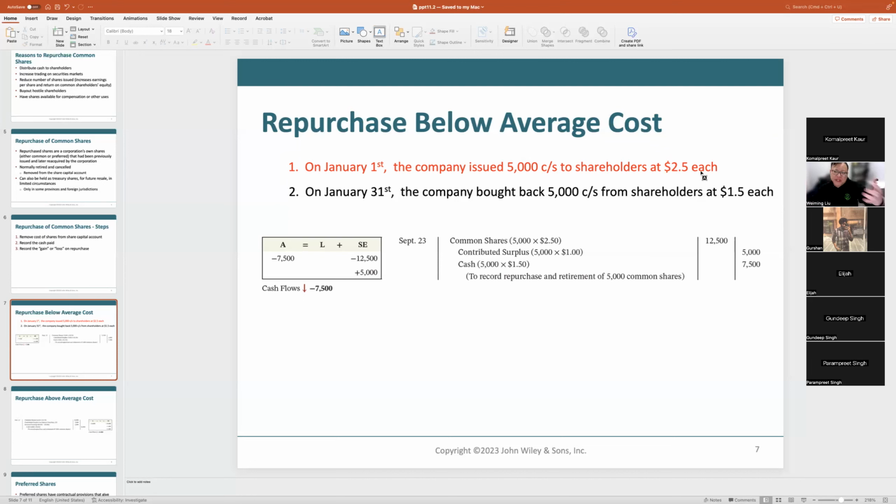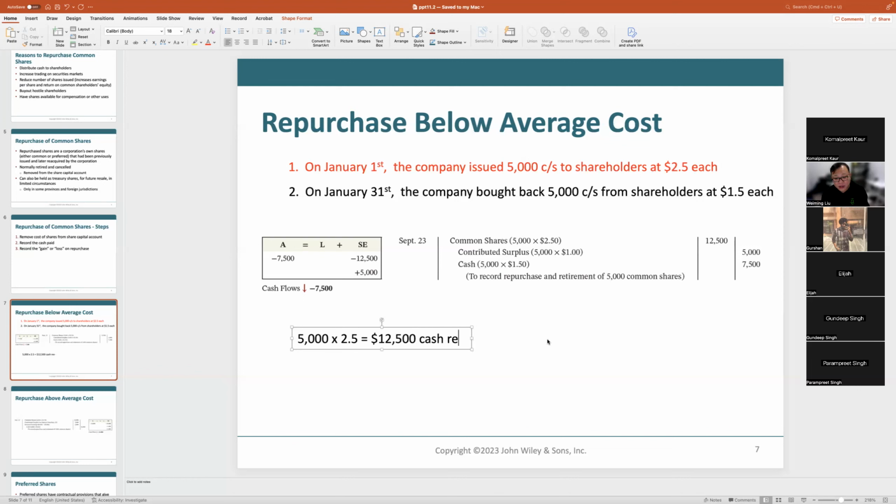So the company received the cash, right? Because they gave the share to the shareholder in exchange for cash. How much did they receive? 5,000 times 2.5. So they received $12,500. This is how much cash received, right?